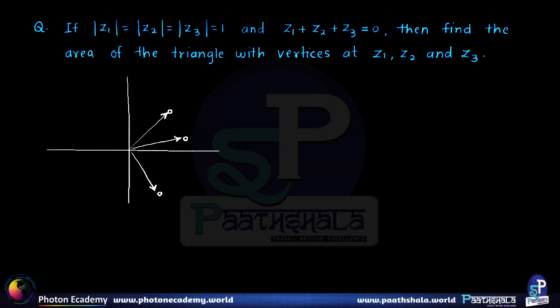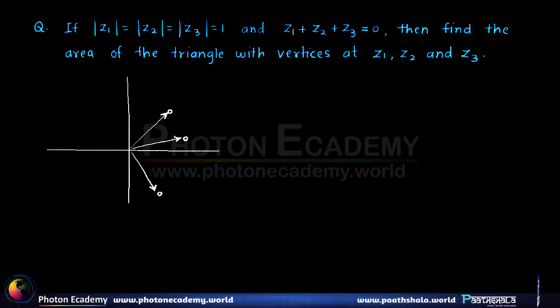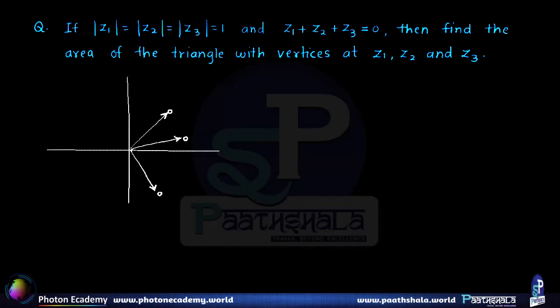But if we look at the other condition, that the sum of z1, z2 and z3 is 0, and we recollect that a complex number can be represented as a vector in the complex plane, then we want the vector sum of all these three directed segments to be equal to 0. In order to have that, we cannot have the three numbers located as I have drawn currently. One of the complex numbers must be on somewhat the opposite side of the other two.